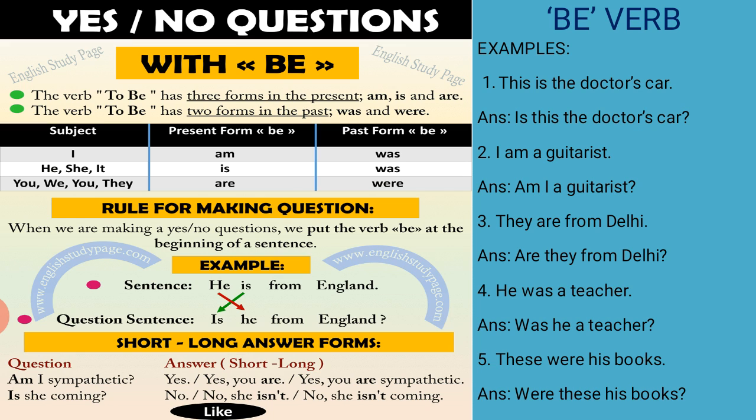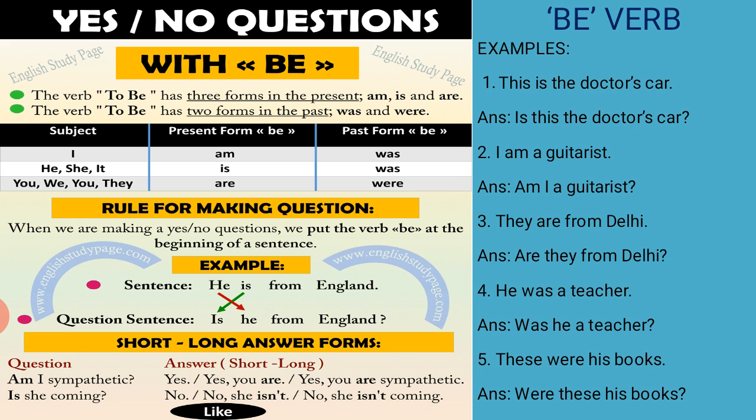This is the doctor's card. Is this the doctor's card? For be verbs, I always goes with am, and he, she, it always go with is. In past tense, it is was: I was, he, she, it was. And you, we, they always have were as the past form.